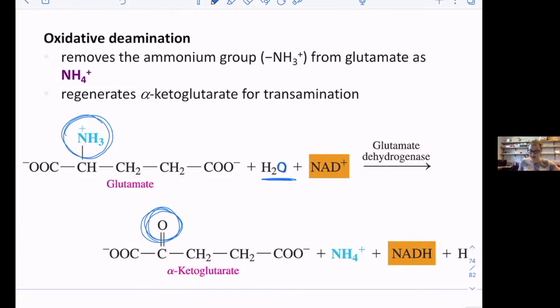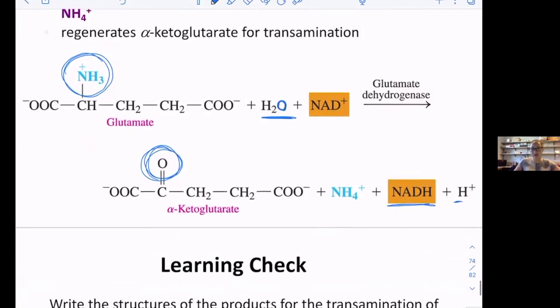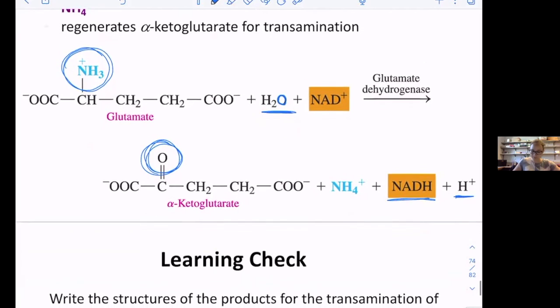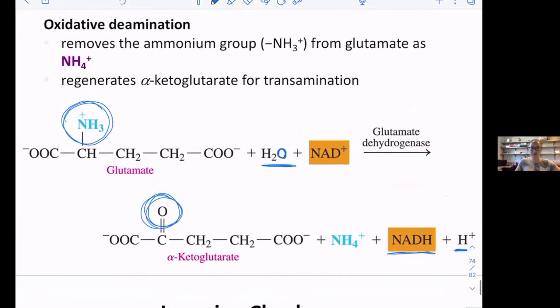And then these two hydrogens, one goes into forming NADH and H plus, which is how we get energy out of this process. Overall, long story short, we're going to use oxidation and transaminations to get to our denitrogenated bodies that then can be broken down even further.